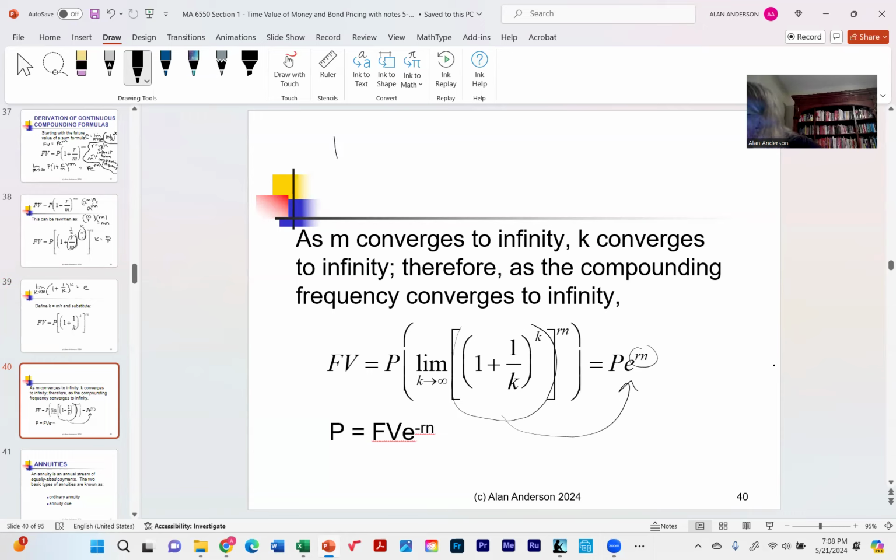So future value is Pe to the Rn power. The present value, or P, is FV times e to the minus Rn, or if you prefer, FV over e to the Rn power.